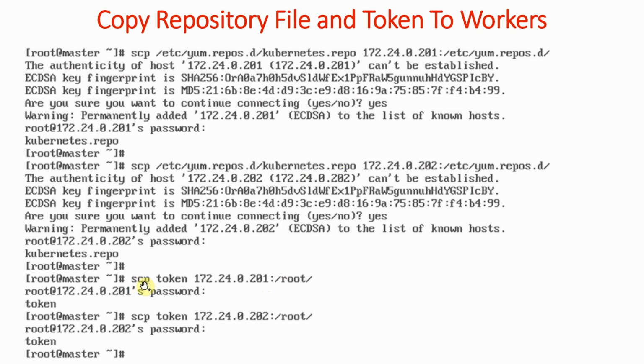So secure copy, token is the file, and we are sending it to 172.24.0.201 root, and again we are sending this token file to 200. That means basically in this step we have copied the Kubernetes repo file and token file to worker 1 and worker 2.